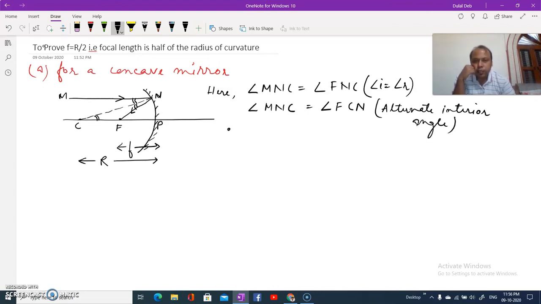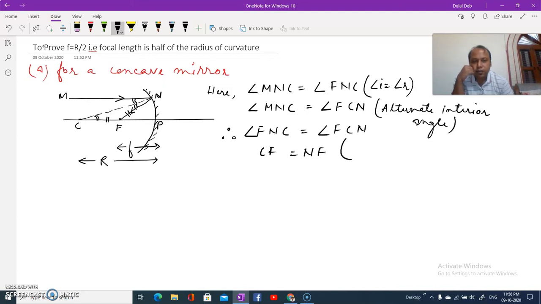So therefore we can write angle FNC is equal to angle FCN. Since these two angles are equal, the sides opposite to them are equal. So we can write here CF is equal to NF.